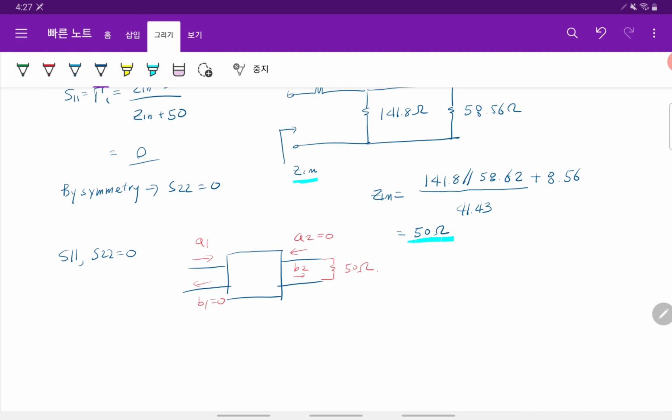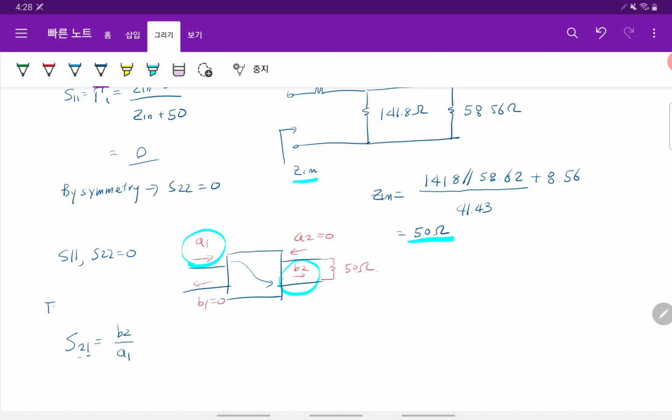So for S21, the signal voltage from port 1 to port 2, right? You can calculate B2 divided by A1, right? So the incident voltage, and how much of the incident voltage is going to transfer to B2, right?